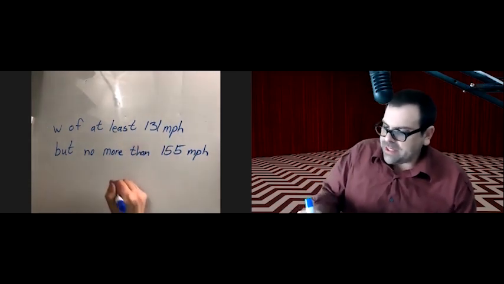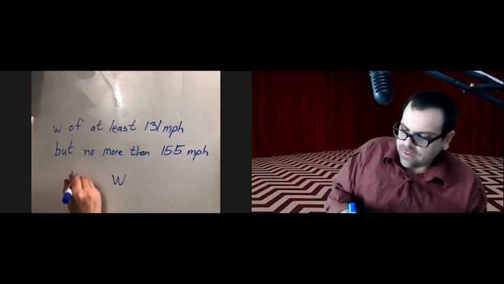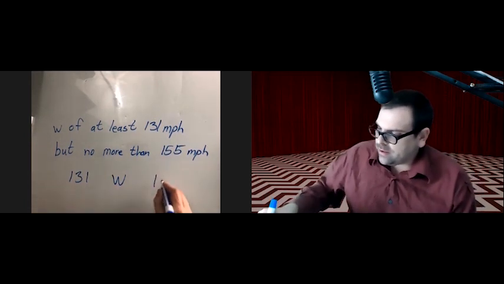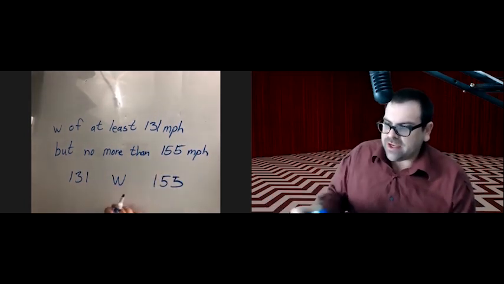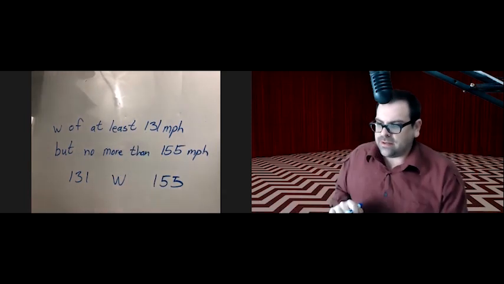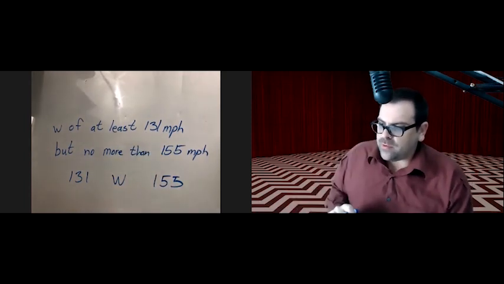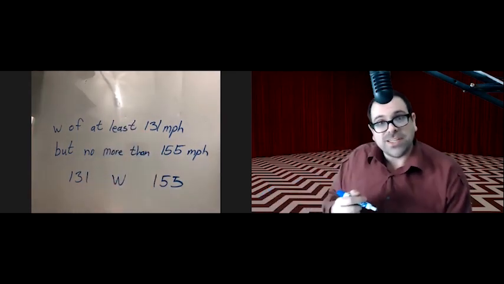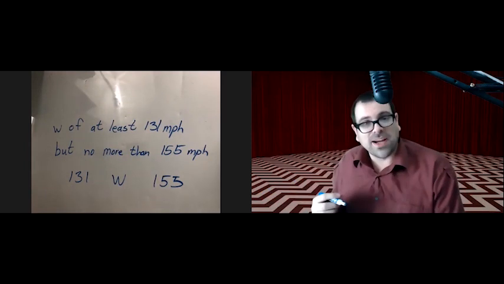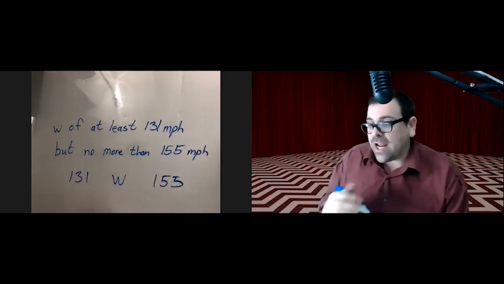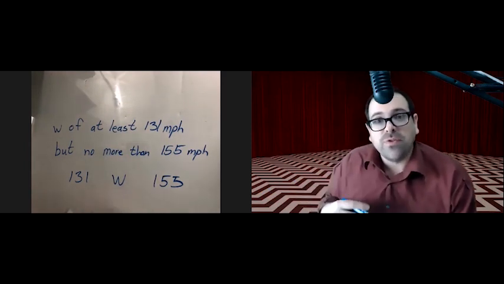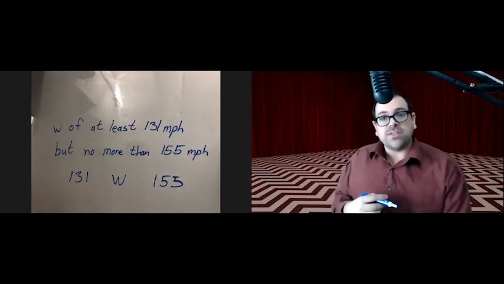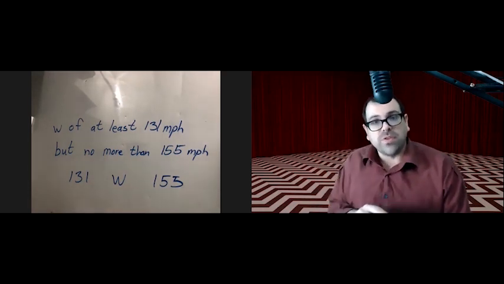So here our speeds are between 131 and 155 because it's at least 131. At least 131 means 131 is the minimum I would accept. If I sent you to the store, there you go to the store again. If I sent you to the store and I asked for at least 131, the smallest you can bring me is 131.